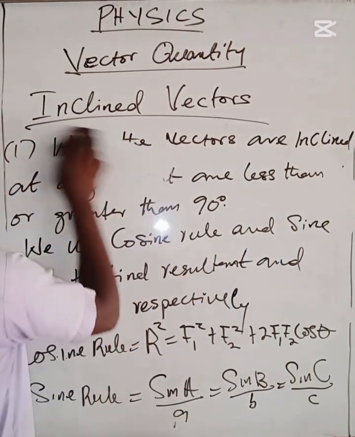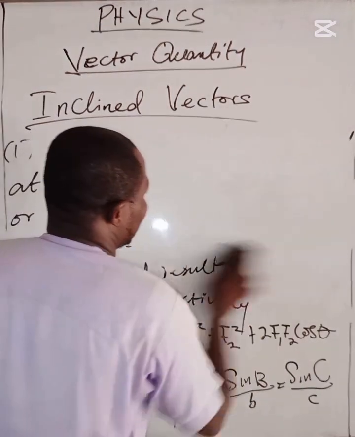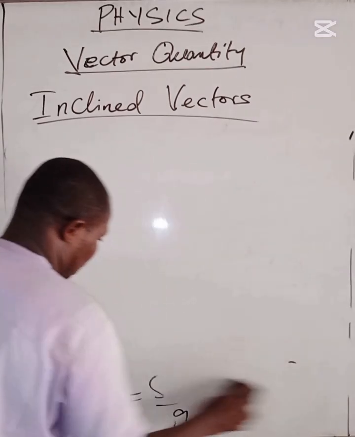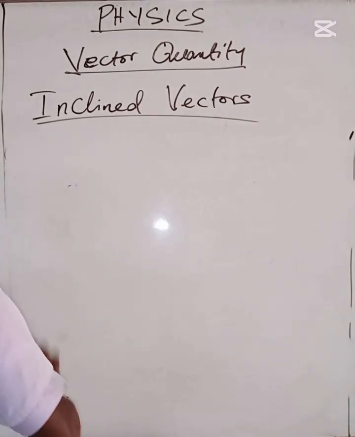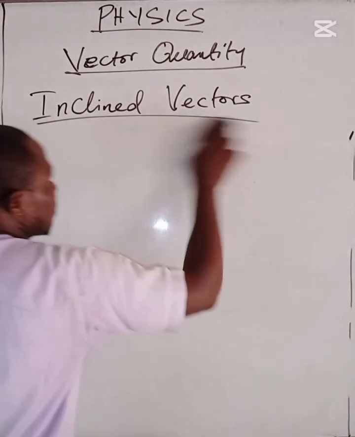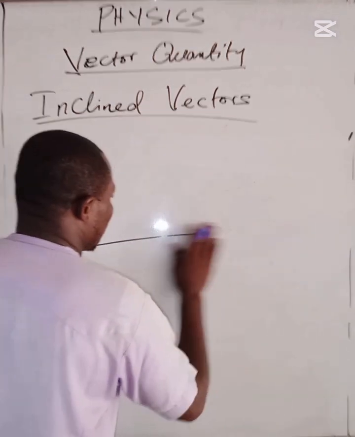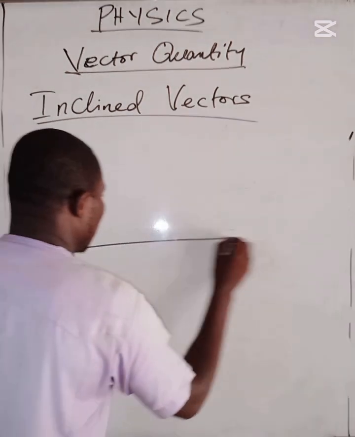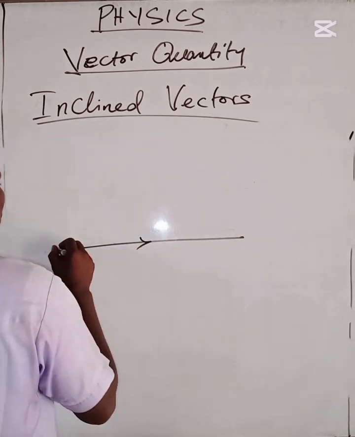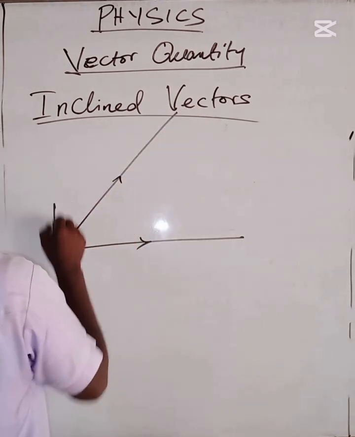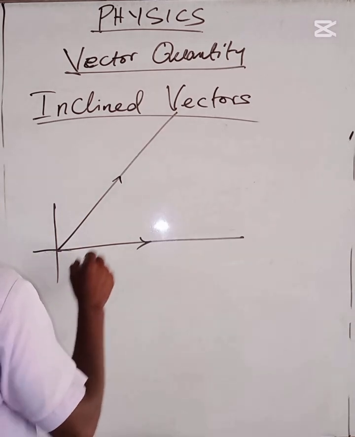So let me take one example here. For example, we have two vectors inclined at an angle of 50 degrees. Let's say we have two vectors, one in the east direction and the other one in the northeast direction.